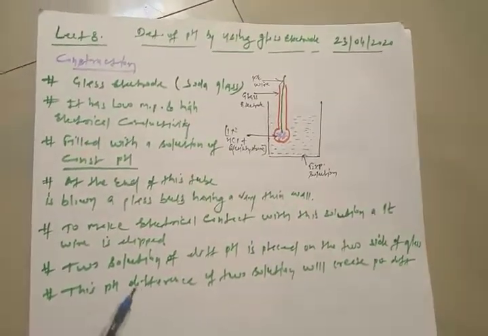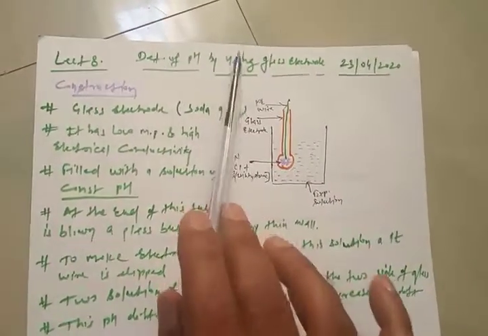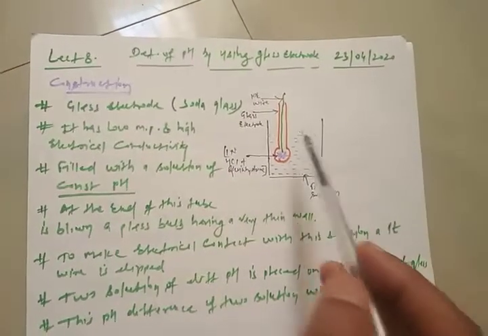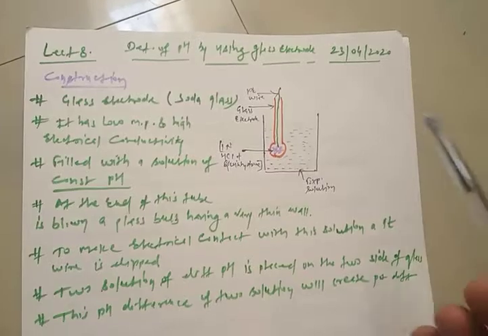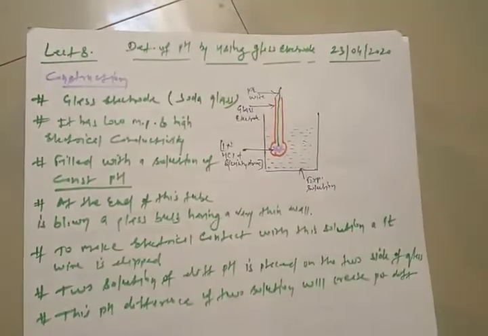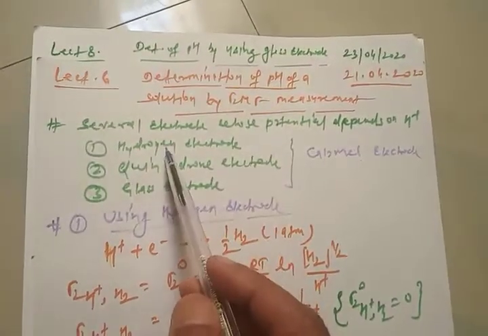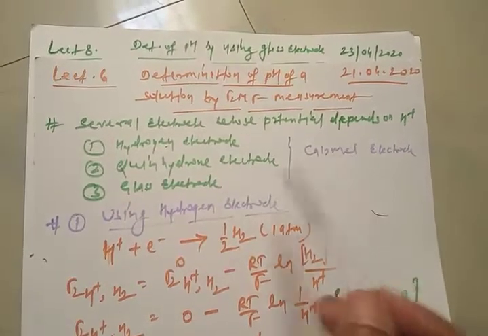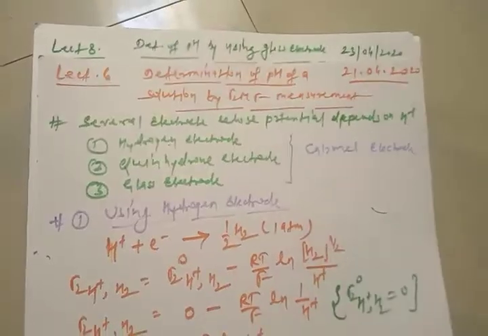Now as I told you earlier, for calculation of pH on the basis of EMF we require to connect this setup with a reference electrode. And from the last two lectures, where we discussed the hydrogen electrode, quinhydrone electrode and calomel electrode, here in the case of the glass electrode also, the reference electrode will be what?